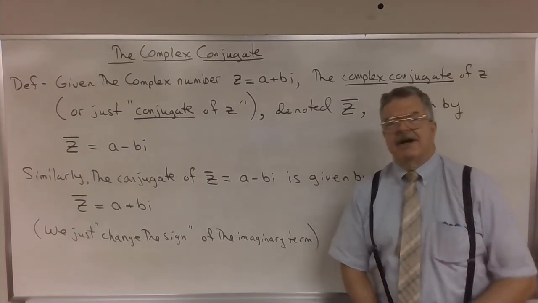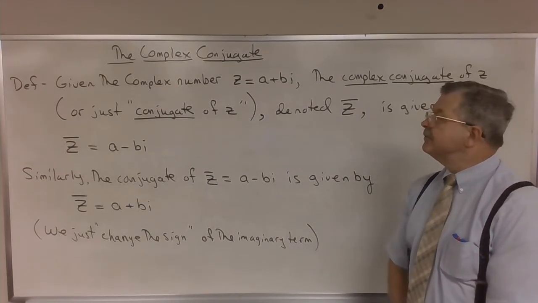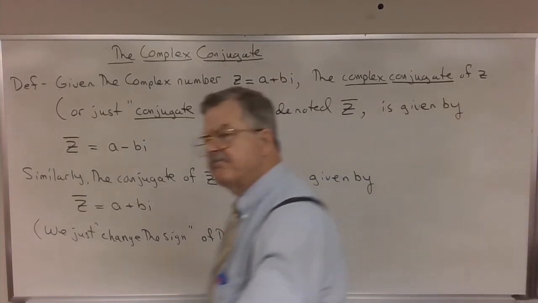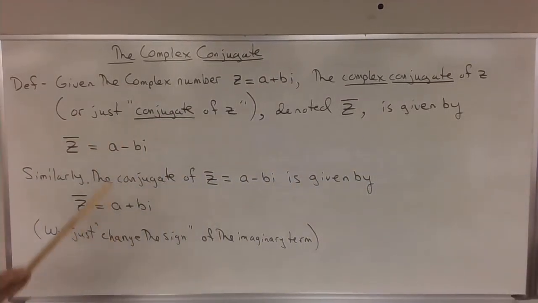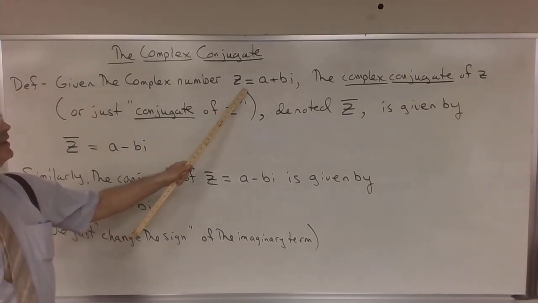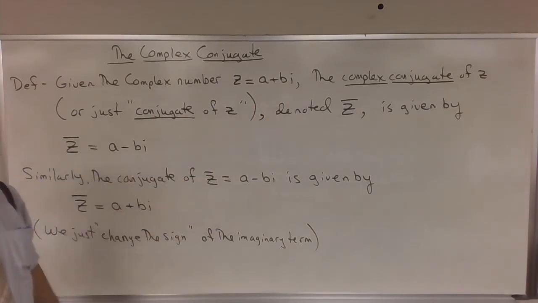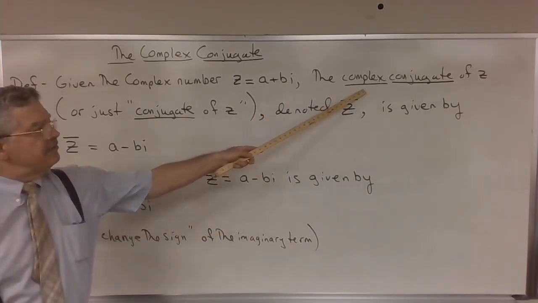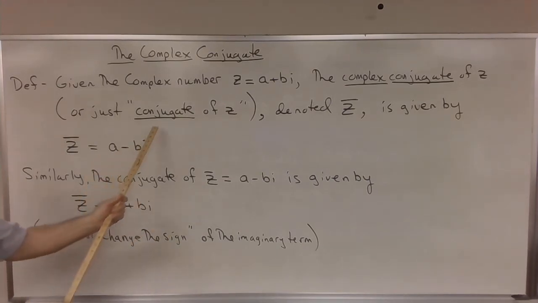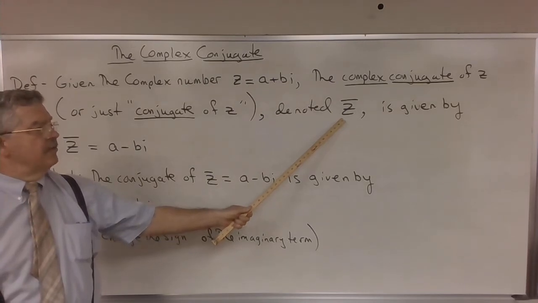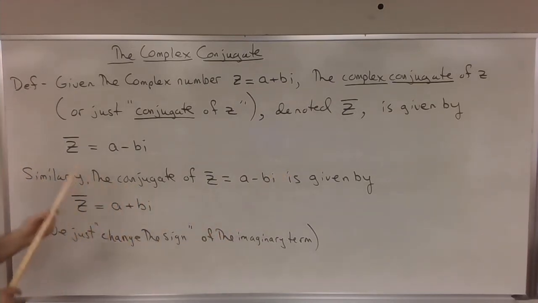Okay, an important concept in complex numbers is something called the complex conjugate. Here's how we define it. Given the complex number z, real number a plus imaginary bi, the complex conjugate of z, or just the conjugate of z, is denoted as z with a bar over it, and it's given by z conjugate equals a minus bi.